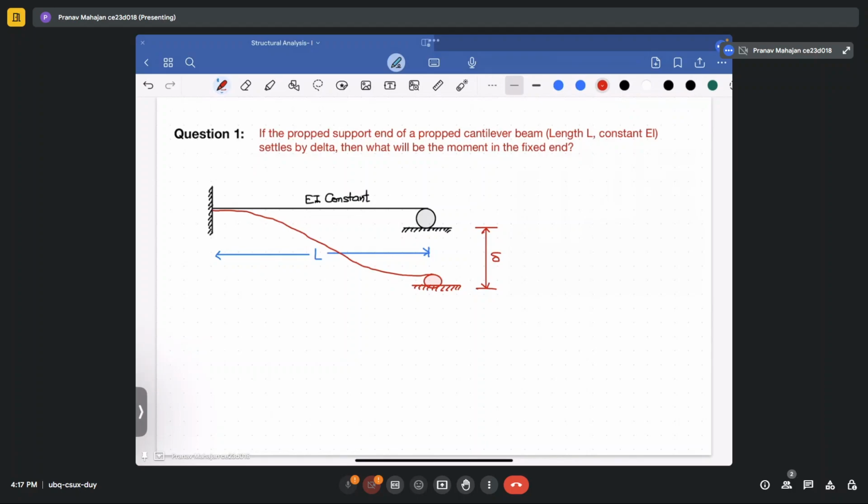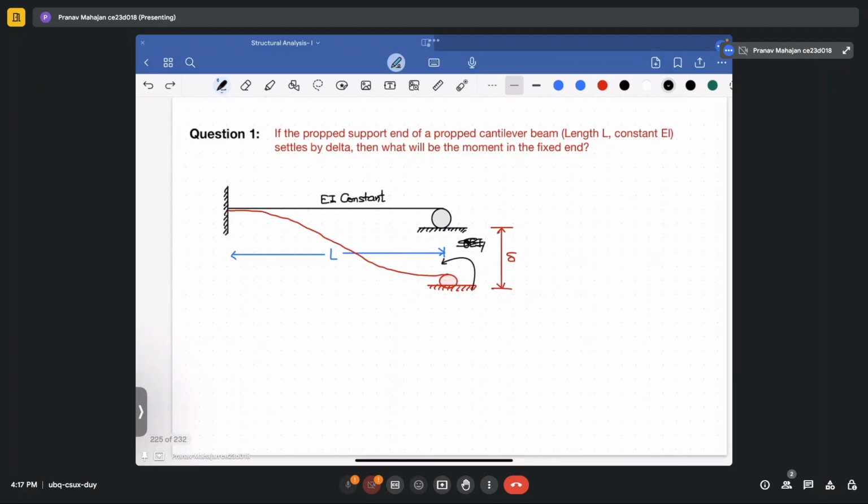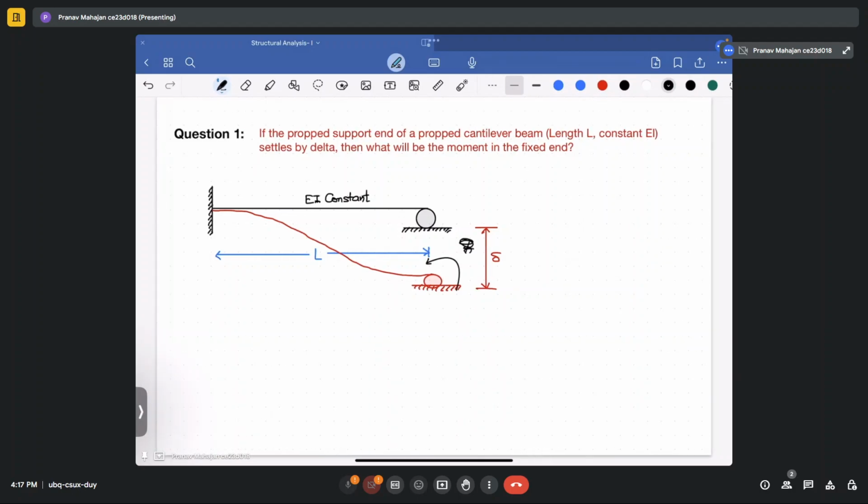Okay, so if the beam is settled, it will develop some moment. So this moment will be 6 EI delta upon L square.